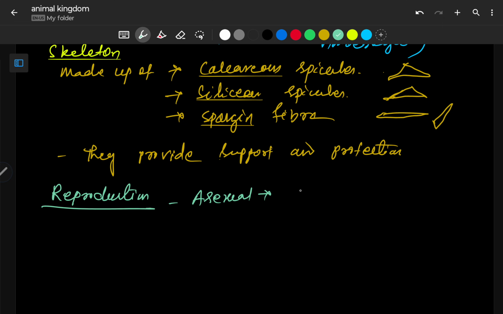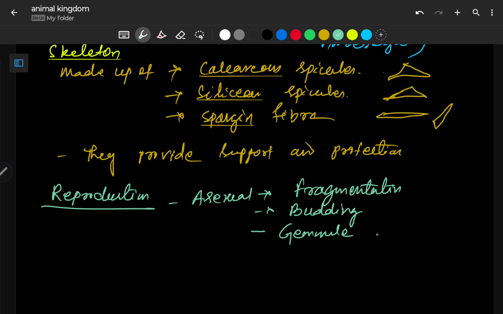Asexual reproduction takes place by fragmentation, budding and gemmule formation. Gemmules are the internal buds, and this takes place only in freshwater sponge. Very very important, freshwater sponge.